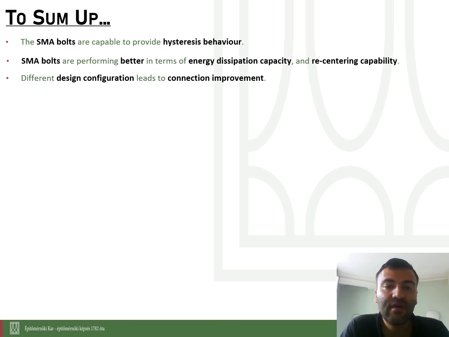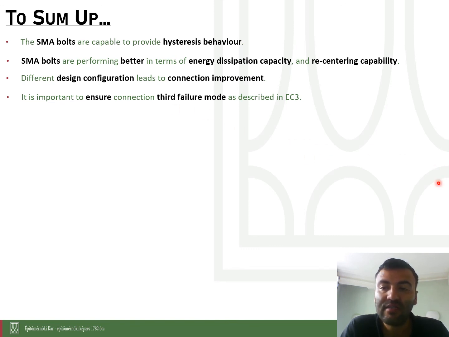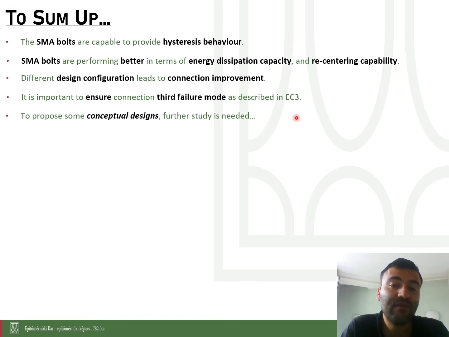Different design configurations lead to connection improvement, as we have proceeded in the next step since 2020. It is important to ensure connection failure as described in EC3, or let's say the bolt failure, and to propose some conceptual design, further study is needed.